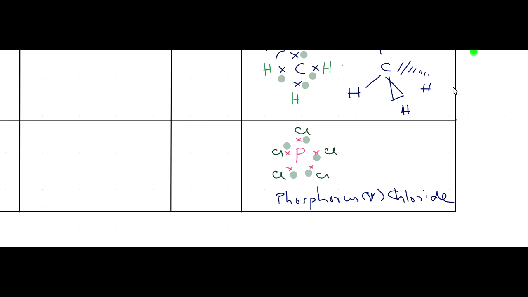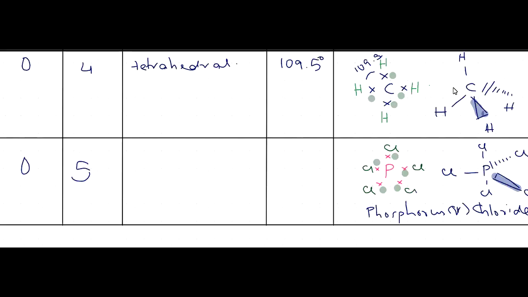If you draw the shape of the molecule, it is going to be like this. This shape, where we have 5 bonded pairs of electrons, is known as trigonal bipyramidal.